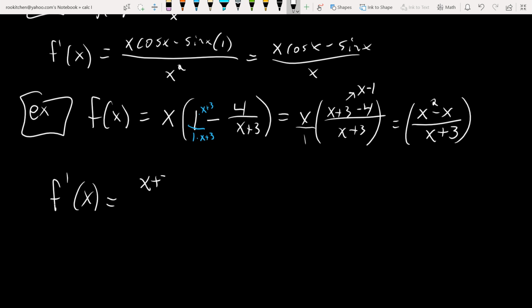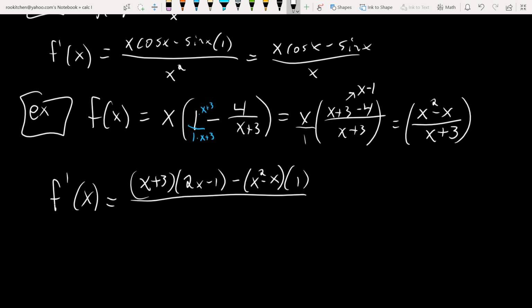So here we go. Low times the derivative of the high minus high times the derivative of the low, all over the low squared. And then it looks like we have some foiling. So 2x squared minus x plus 6x is plus 5x, and then minus 3. And then distribute this minus.